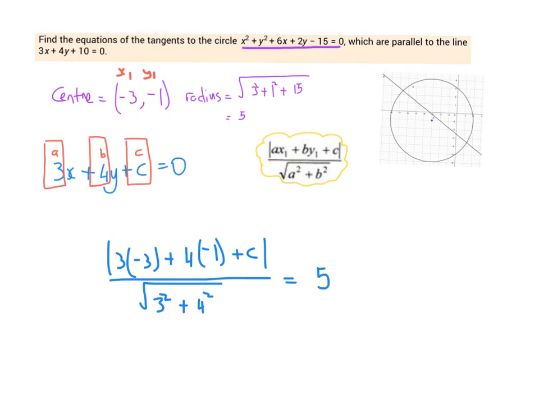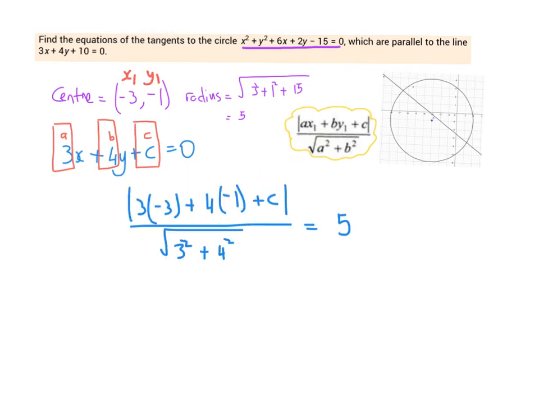Okay, and so now we're just going to solve away here, which means up here we have 3 by minus 3 is minus 9, minus 4, so that's minus 13 plus c, which is c minus 13, all over the square root of 25, which is 5, and 5 times 5 over here is 25.